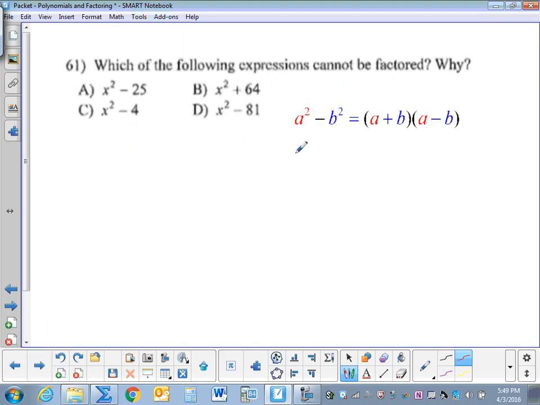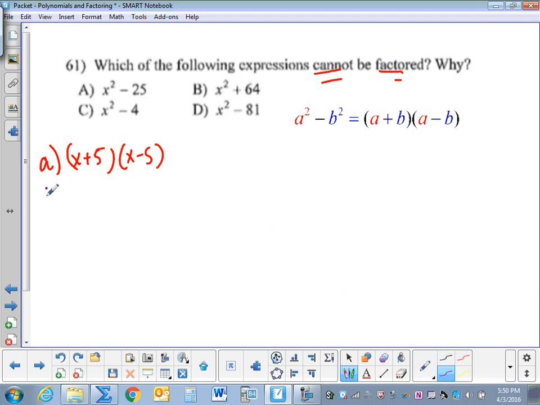Number 61, which of the following expressions cannot be factored and why? So let's just factor them all. A is the difference of squares, so that's really x plus 5, x minus 5.